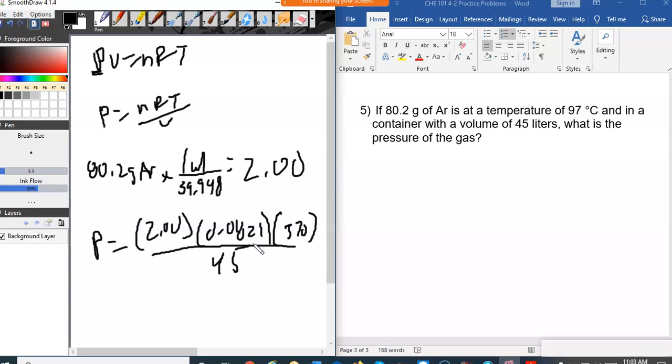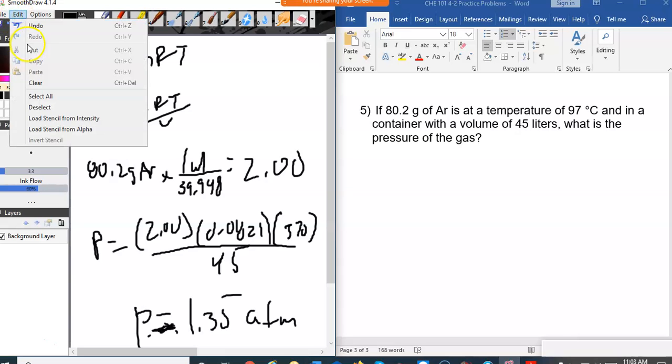Divided by 45. So your pressure should equal 1.35 atmospheres. You guys get that? Yep. That's what I got. Okay, good. Good job. Moving along. I think we got one more.